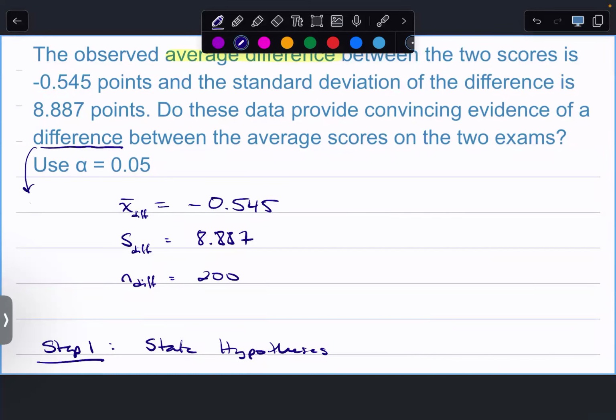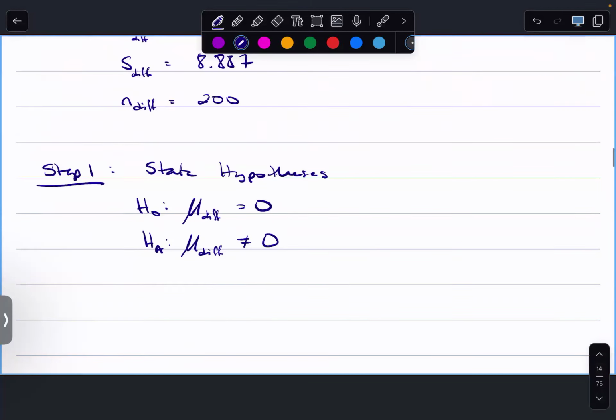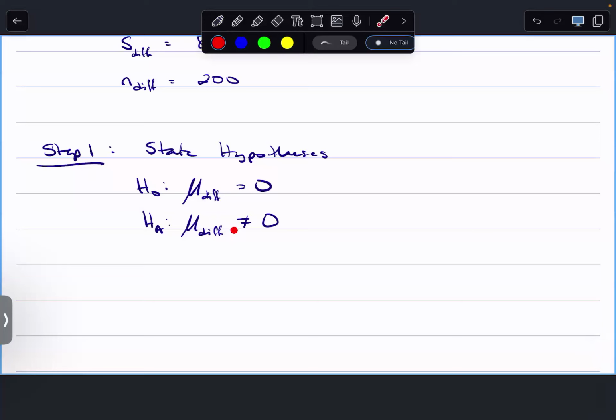So we have not equal to 0. This is what makes it a two-sided test. I'm not concerned about just one direction. I'm concerned about both directions, both tails. This means I'm going to need a two-sided p-value when the time comes.